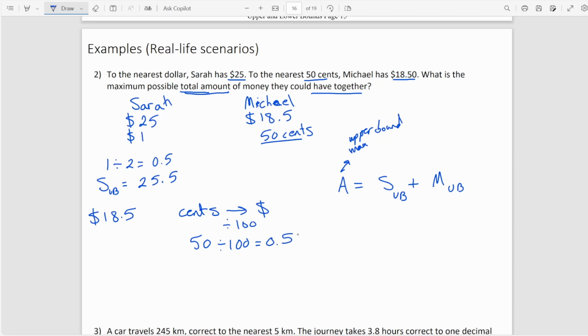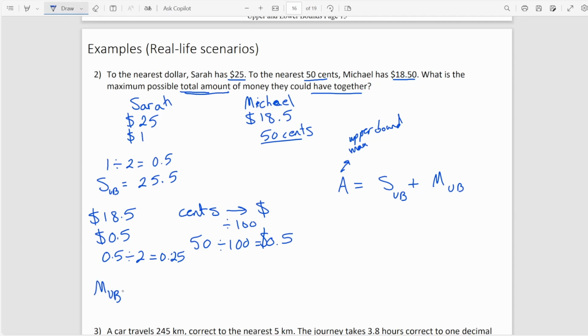Now, this is 0.5 dollars. So now we know that Michael has $18.5 to the nearest $0.5. So we can go ahead and divide 0.5 divided by 2, which gives us 0.25.